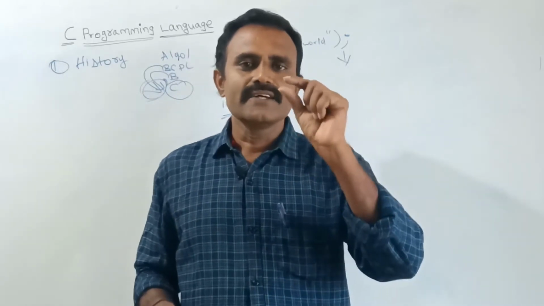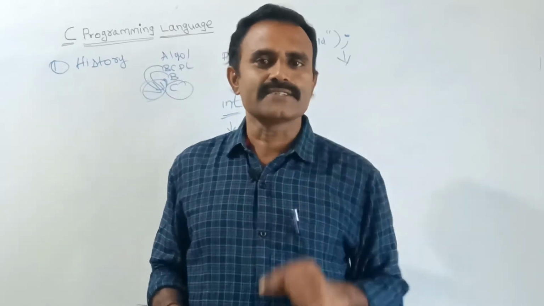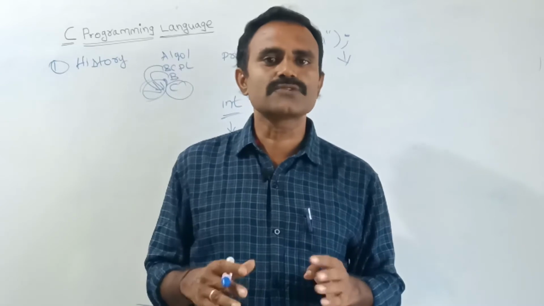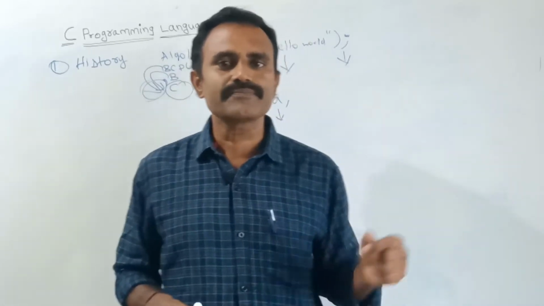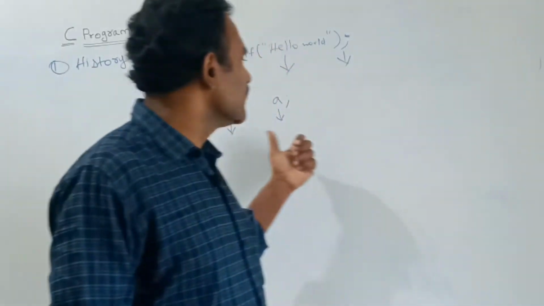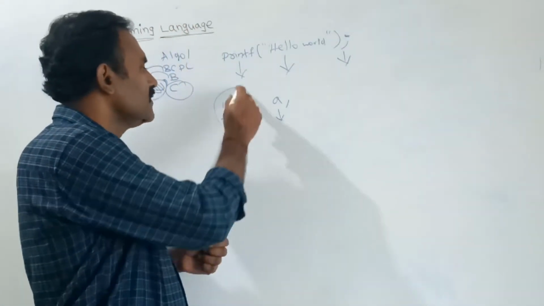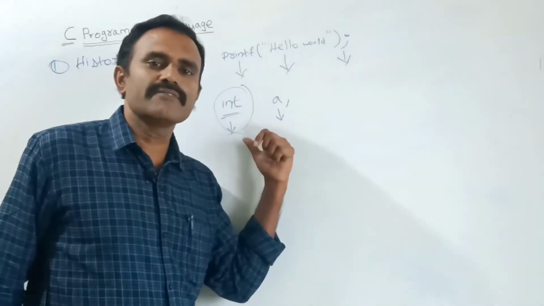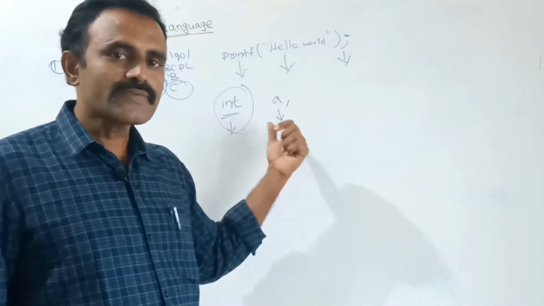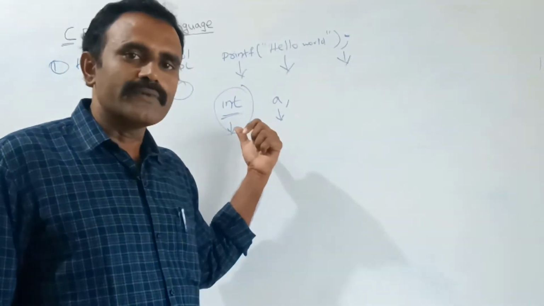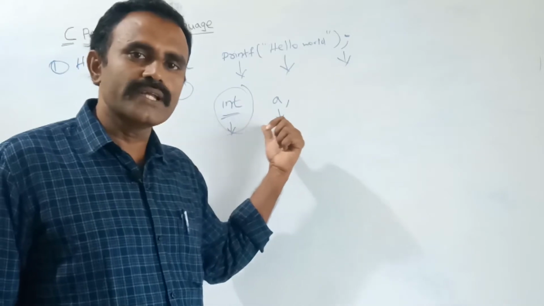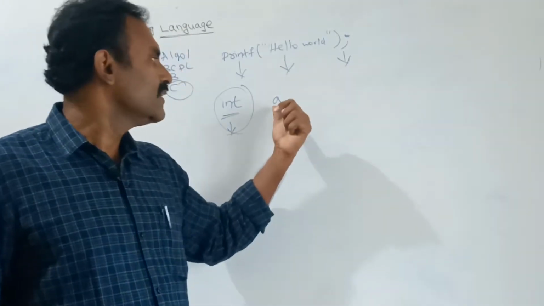A token is a bit of instruction which helps us do some process. Next, int a means I have declared a variable with the data type integer. a is of number data type. Integer means number. We can store numbers inside the variable a.